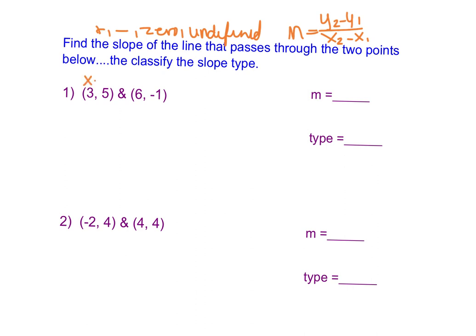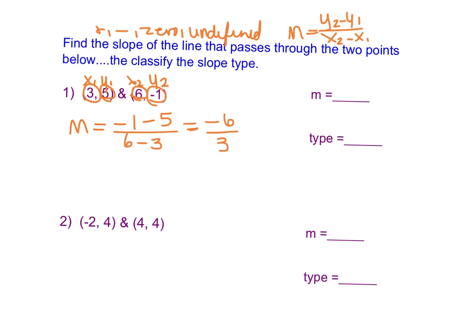I'm going to label them x1, y1, x2, y2. And then I'm going to go to my equation. So my equation is y2, which is negative 1, minus y1, which is 5, all divided by x2, which is 6, minus x1, which is 3. So here, if I simplify this further, I end up with negative 6 over a positive 3.